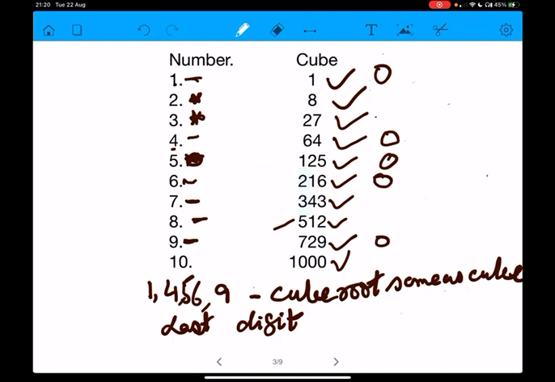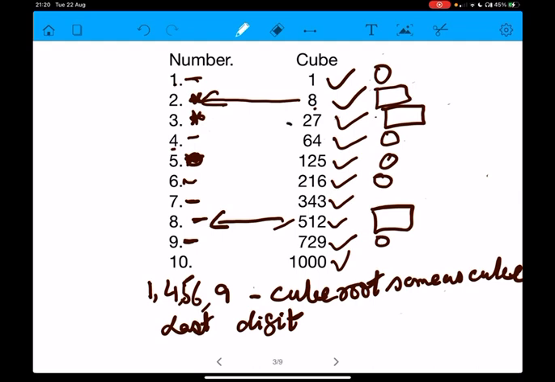So if the number ends with 8, then the cube root has to end with 2. Similarly, if the number ends with 2, vice versa, then the cube root has to end with 8. Same way, if the number ends with 7, the cube root has to end with 3. And if the number ends with 3, the cube root has to end with 7.